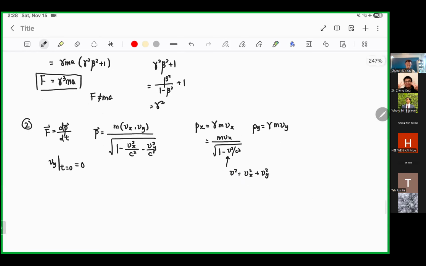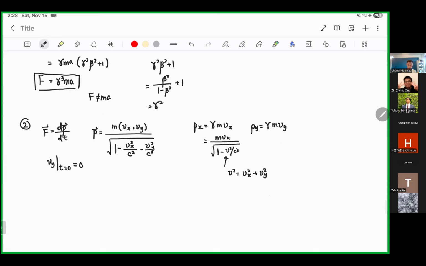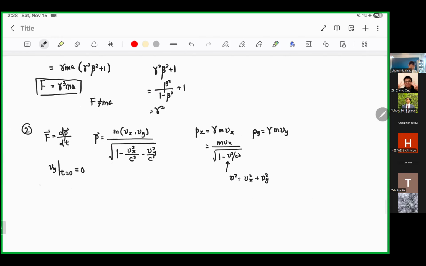We're assuming the velocity in y is 0 initially. If you differentiate this yourself, you basically get F equals gamma cubed m Ax, gamma m Ay. So what this means is Fx equals gamma cubed m Ax, and Fy equals gamma m Ay.